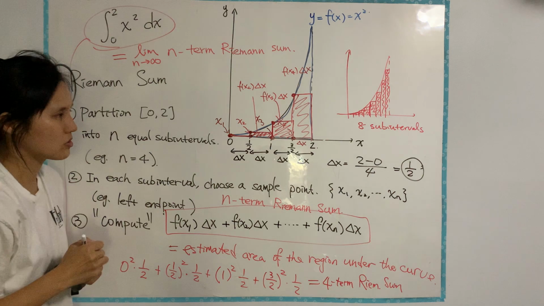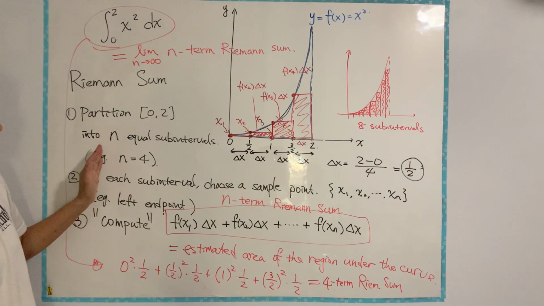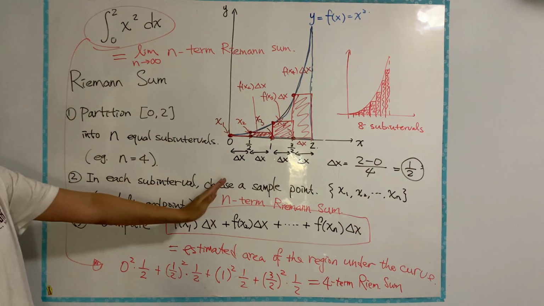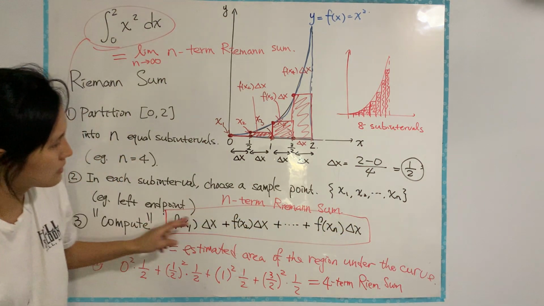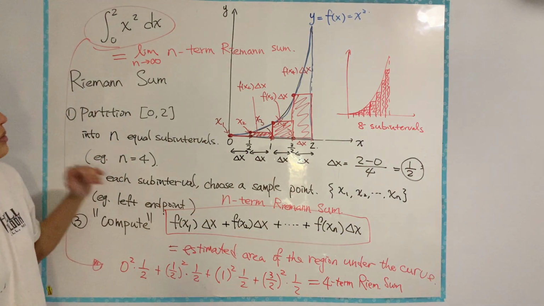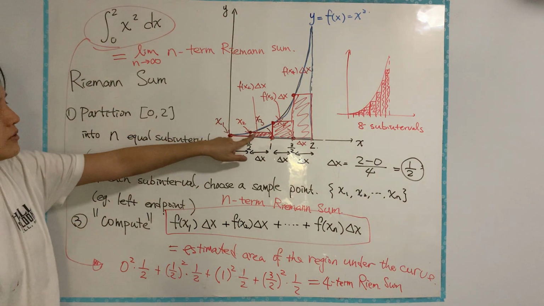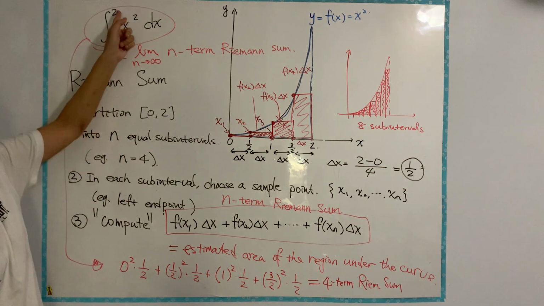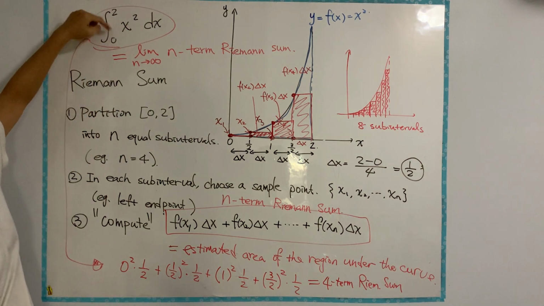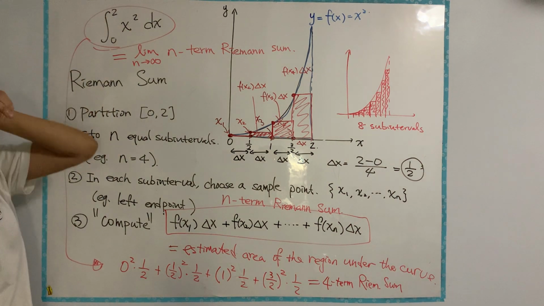Okay, so eventually you let n approach infinity, and the limit of these Riemann sums will just be the area of the region under the curve over the interval 0, 2. Okay, or whatever you have in here for your lower and upper limits.